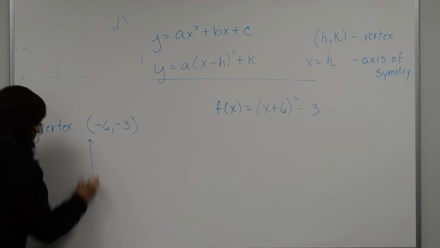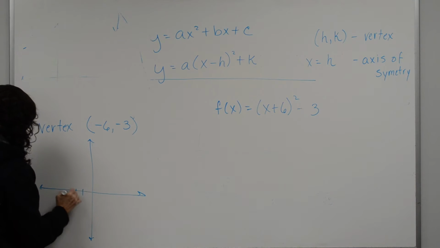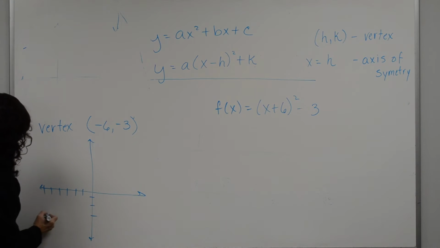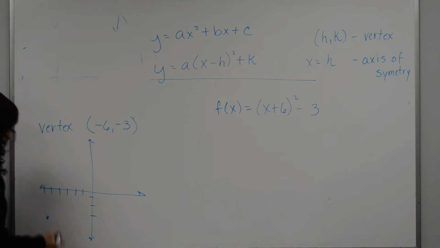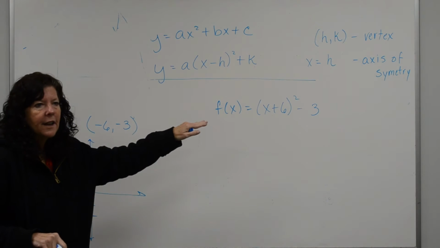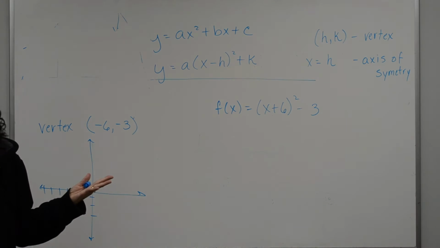So if I wanted to graph this thing, I have that as the vertex, don't I? Now if it opens up, is it going to cross the x-axis? Yeah. Okay, so therefore I could actually solve this for my solutions and figure out where it crosses it.